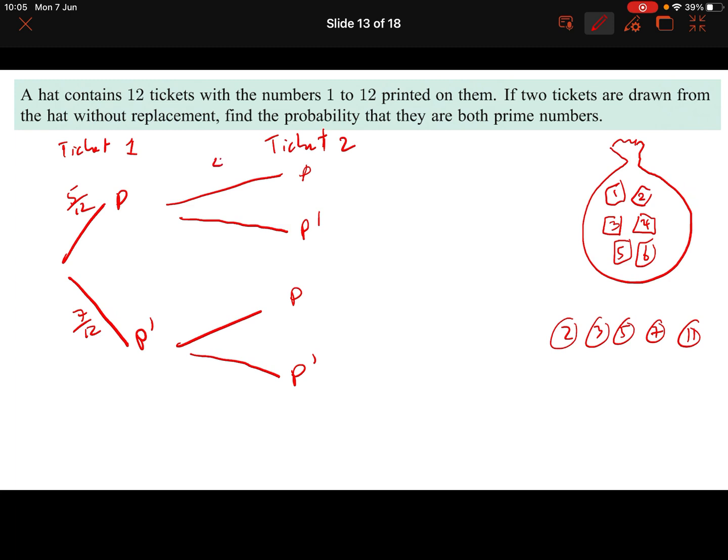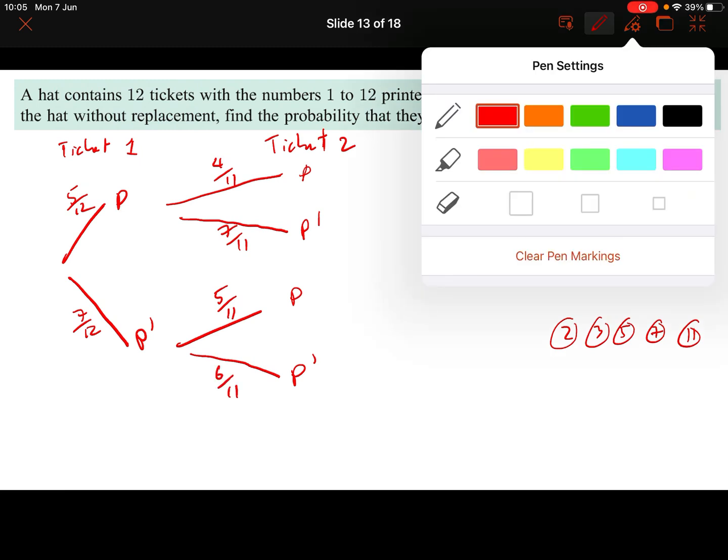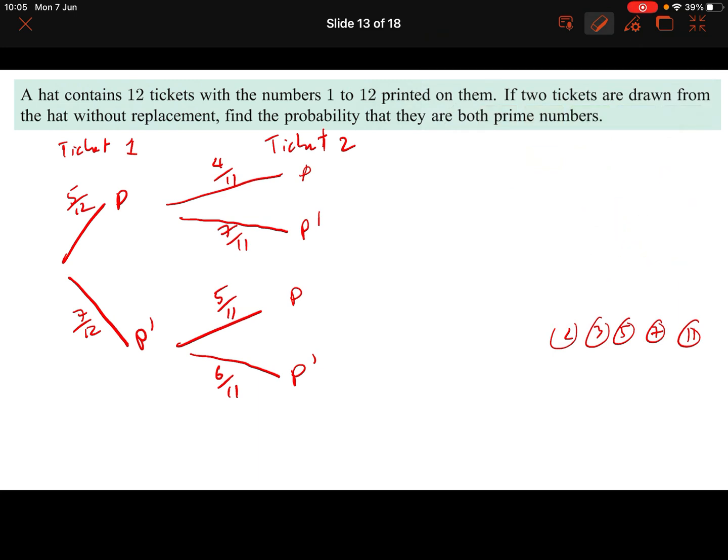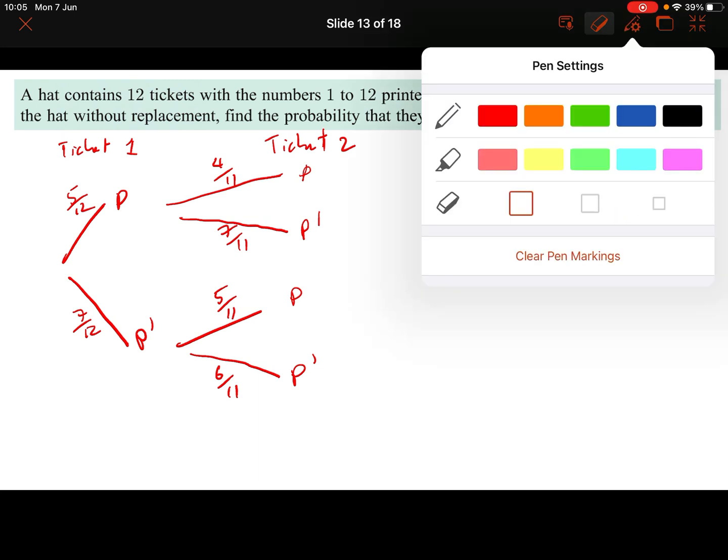So it's going to be 4 out of 11 if I picked a prime number, and then there'll still be the 7 non-prime numbers that I didn't pick. However, if first time I didn't pick a prime number, then I've still got 5 prime numbers left, and only 6 non-prime numbers left. Okay, so make the tree diagram useful to you.